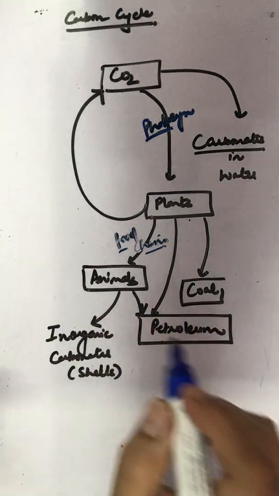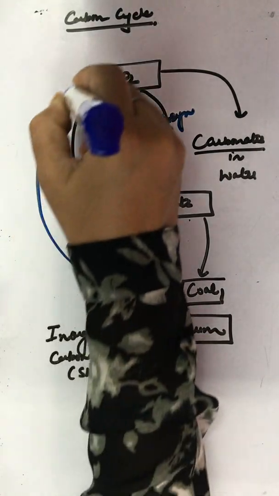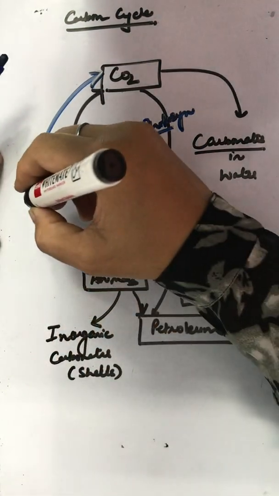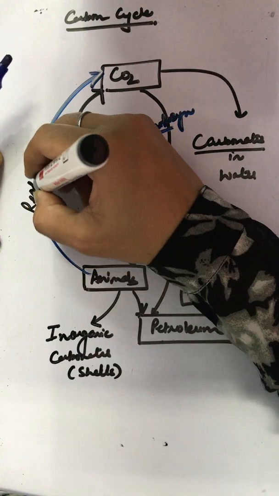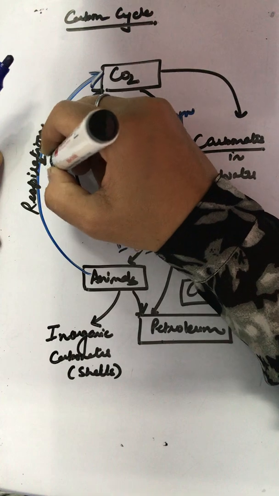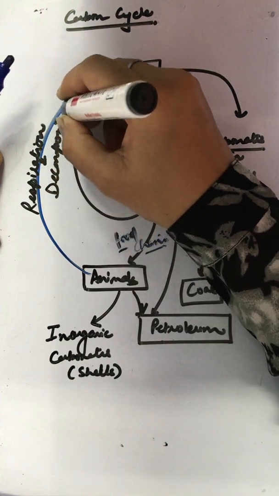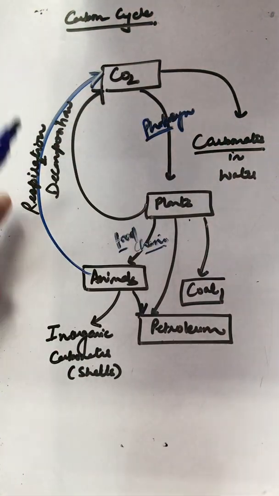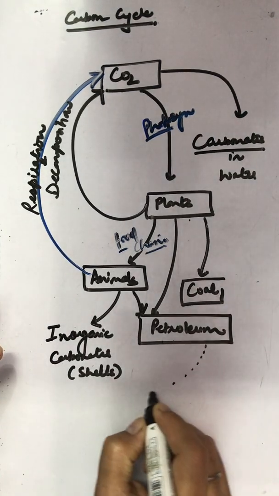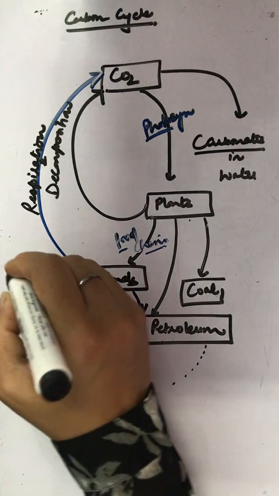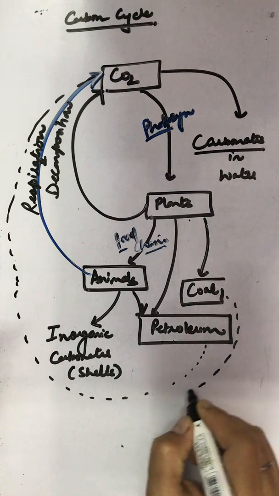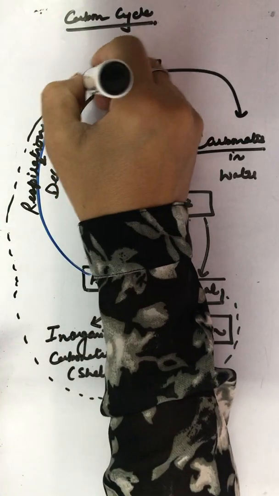Animals, through the respiration process and decomposition, the CO2 is sent back to the atmosphere. Now, coal and petroleum, the burning of fossil fuels will also lead to the formation of carbon dioxide, and it is sent back to the atmosphere.